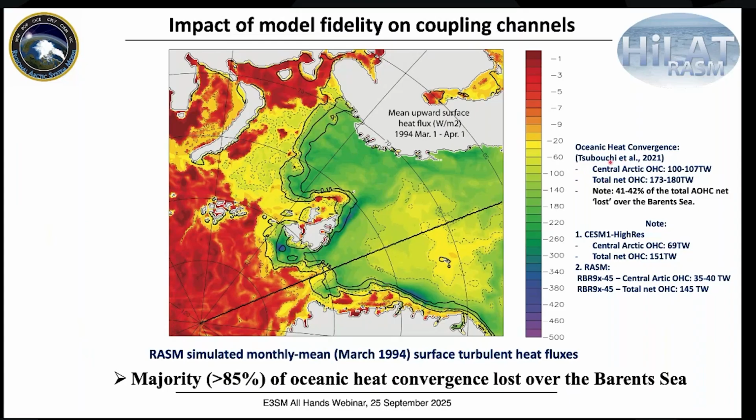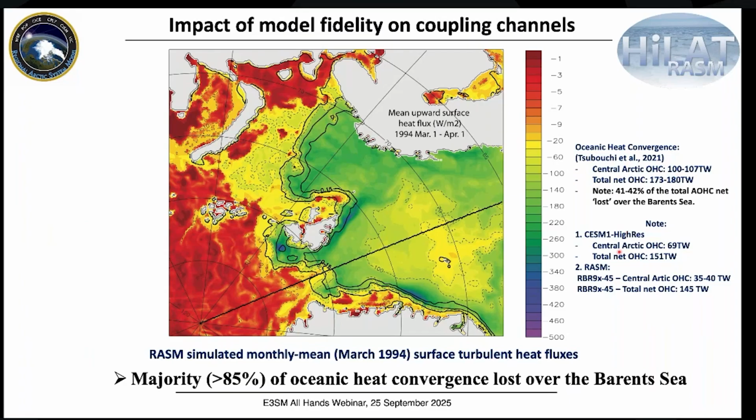There are estimates from inverse models published by Tsubouchi et al. 2021, when they suggest that the current Arctic climate has on the order of 170, 180 terawatt heat convergence across the 4 Arctic gateways, and the exchange over the Barents Sea removes on the order of 70 terawatts. So the Arctic receives about 100 terawatts of heat in the current climate state.